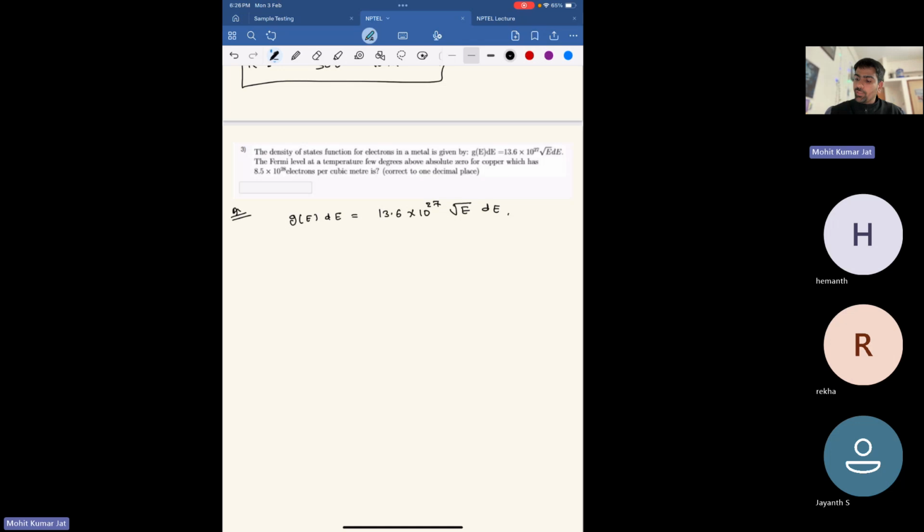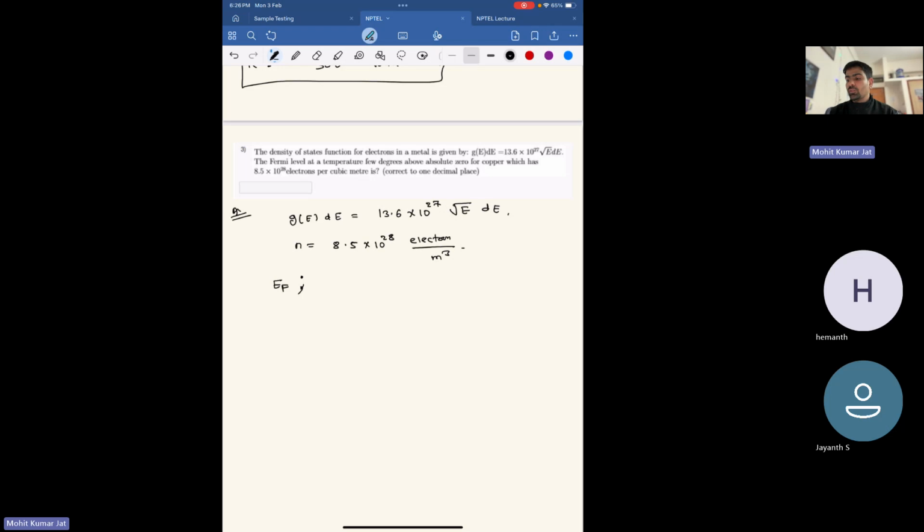The Fermi level at a temperature few degrees above absolute zero for copper, which has carrier density 8.5 × 10^28 electrons per meter cube, and they are asking for EF. What is the EF, which is few degrees above the absolute zero.